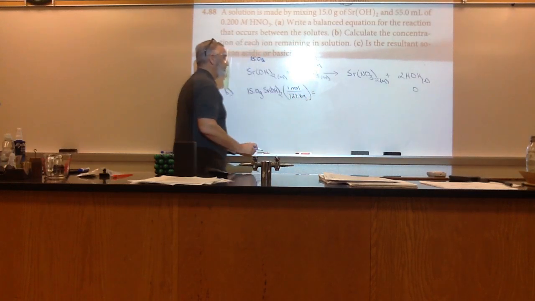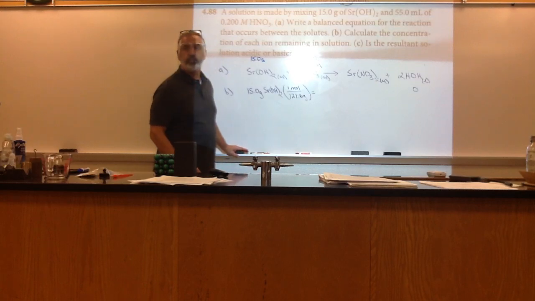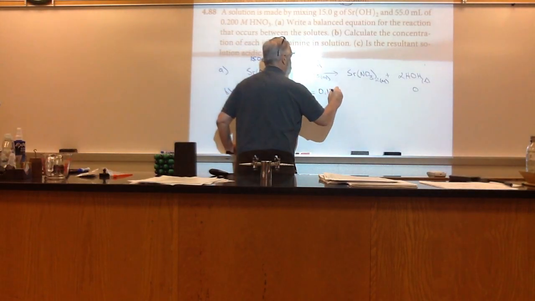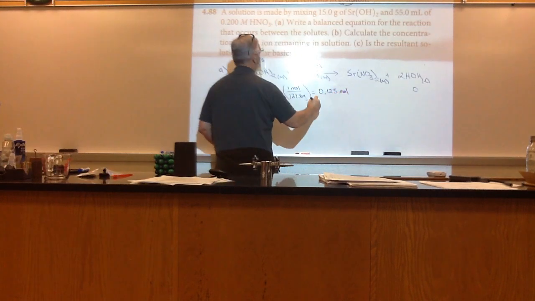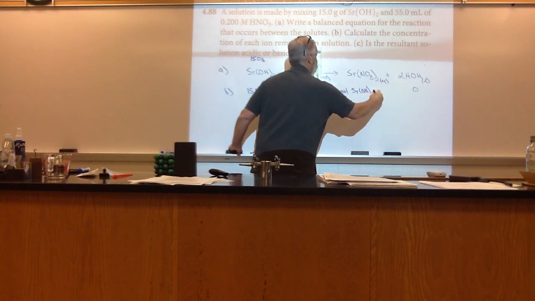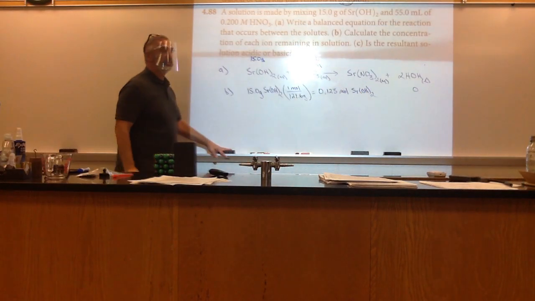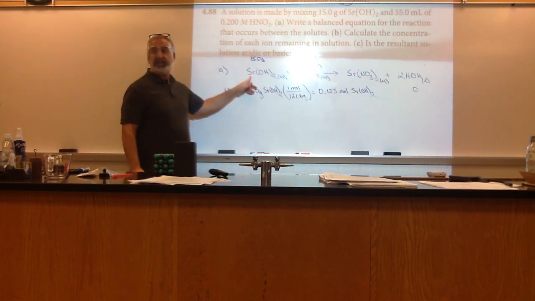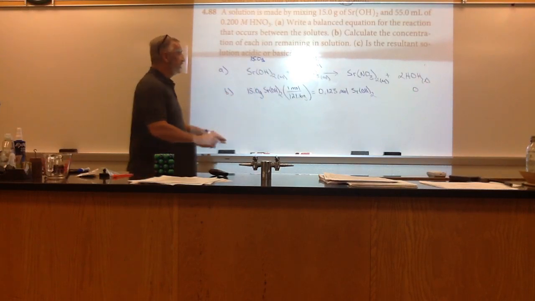How many moles does that come out to? 0.123 moles of strontium hydroxide. Okay? That's how much of this, and it's divided by 1, so we don't need to divide as far as the limiting reactant.